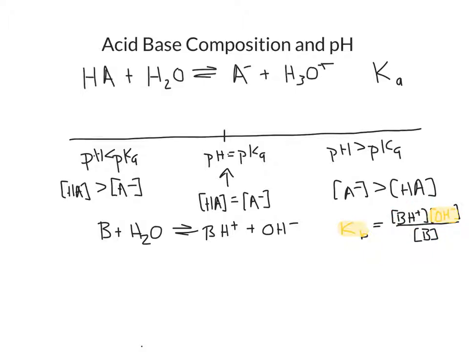And so we can do a similar kind of number line, where pOH equal to pKb will imply that the conjugate base concentration is equal to the conjugate acid concentration.